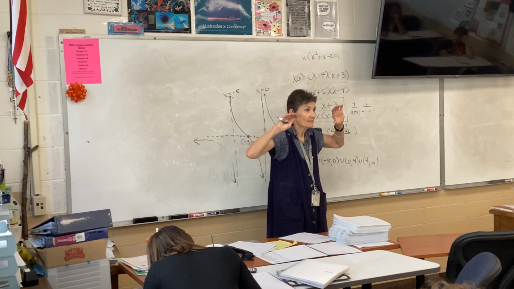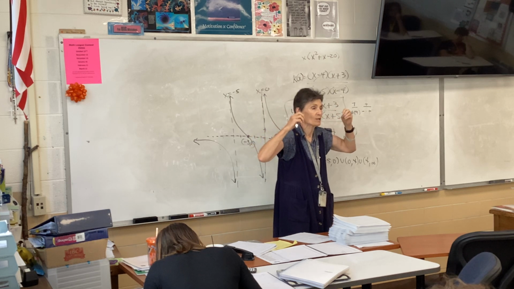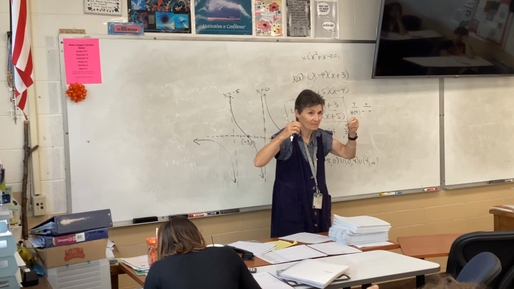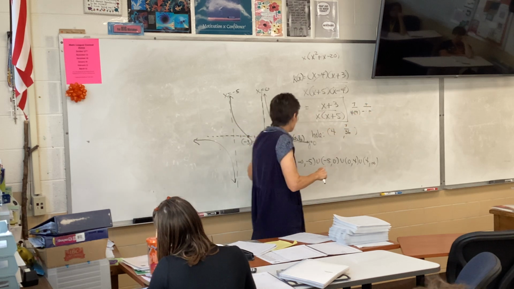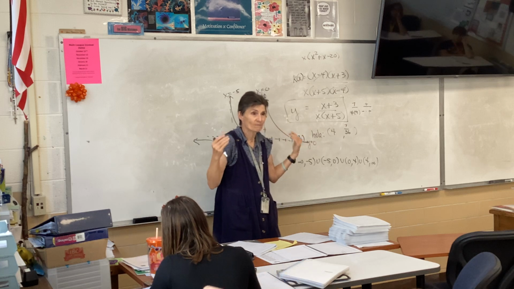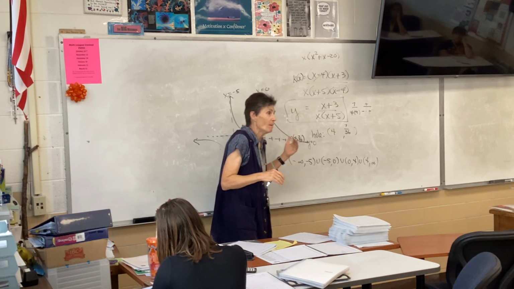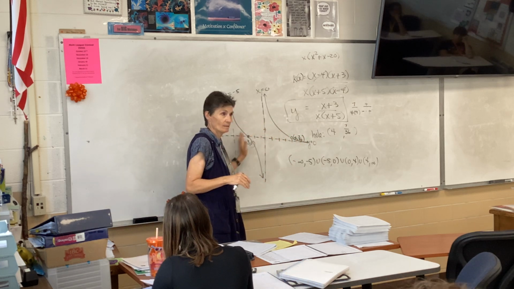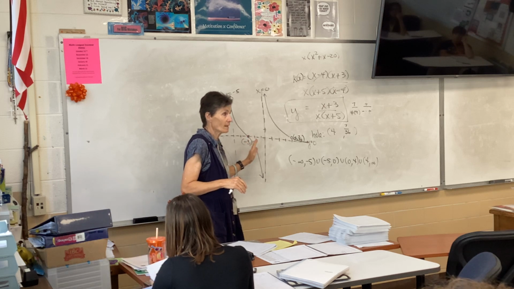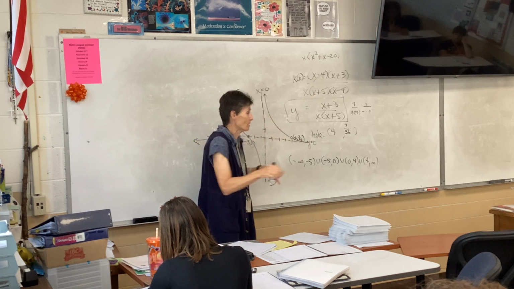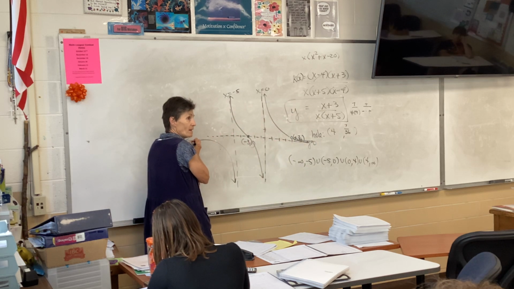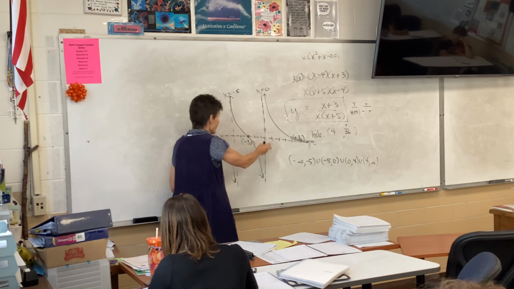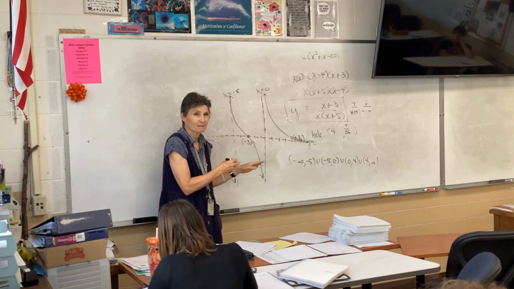So where are these things really asymptotes? They're end behavior asymptotes. So they're really asymptotes out here. Now I drew it all the way across just because it's convenient to do that, but they're not really asymptotes in the middle. Horizontal asymptotes are asymptotes out there. They describe what the curve does as it heads off the page. The curve is doing all kinds of weird things in the middle.